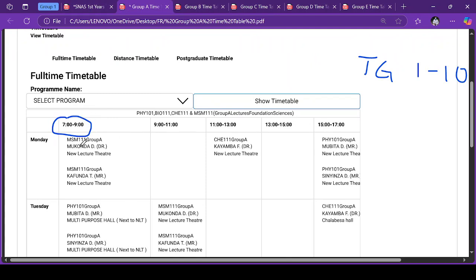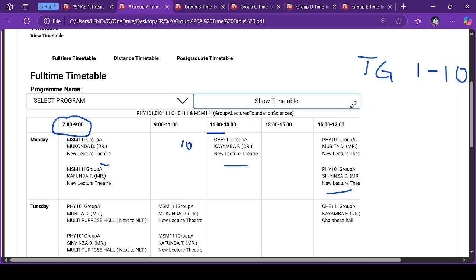For group A on Monday, you are having only a lecture in the morning, that's all. Then you also have a lecture at 11 and a lecture at 15 to 17. These are the things you'll be having. When you have a lecture, you can't have a tutorial at the same time. But you can have a tutorial before, maybe around 10, because at 11 that's when you have a lecture.